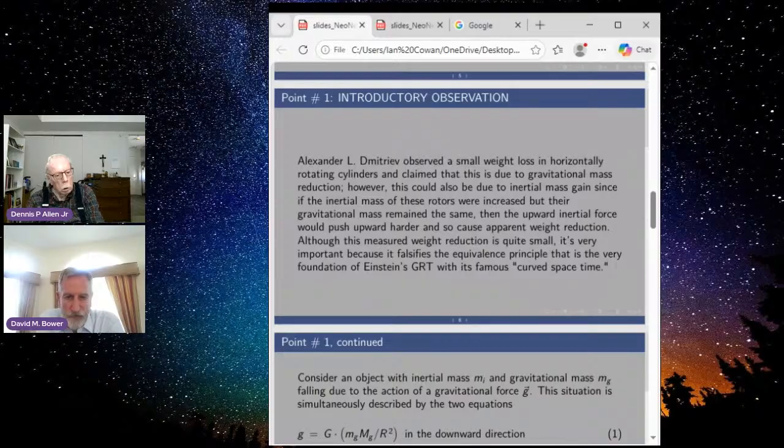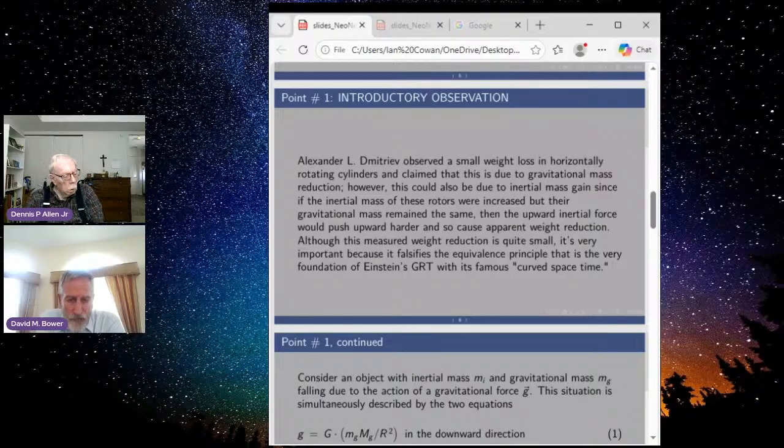There's an inductive force acting to counteract that. So he tried to explain this weight loss in terms of gravitational induction. At first I thought he was trying to invoke some sort of gravito-electromagnetism, like the theory that Heaviside talked about. He said that gravity has a magnetic analog, but his concept is much simpler.